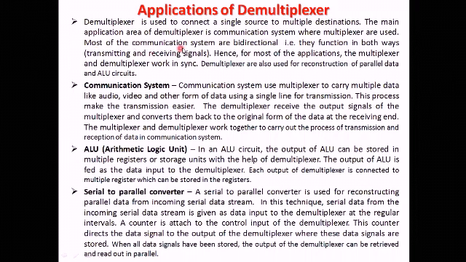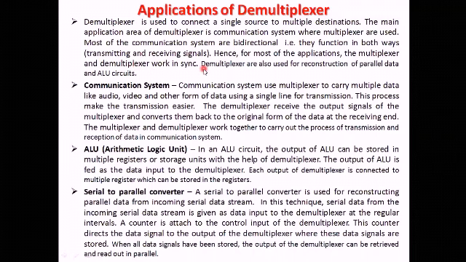Most communication systems are bidirectional, that is, they function both ways, both in transmitting and receiving signals. Hence, for most applications, the multiplexer and the demultiplexer work in sync. That is, both the transmitting and receiving sections have a multiplexer and a demultiplexer, working in synchronization with each other.